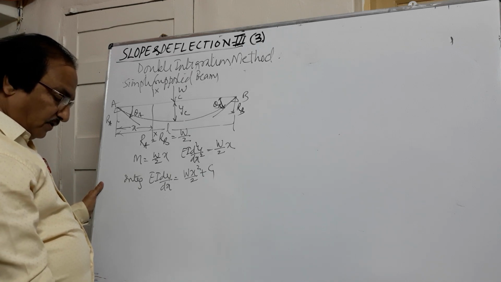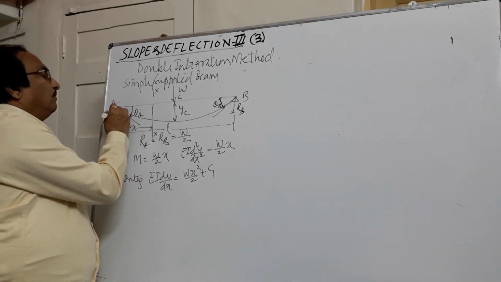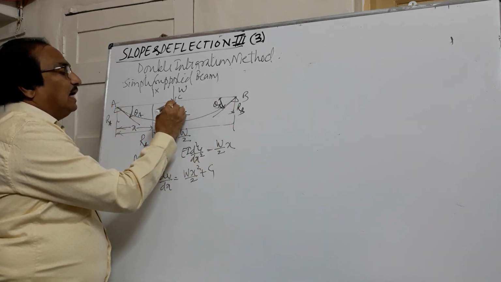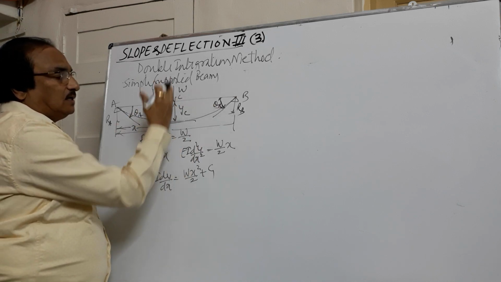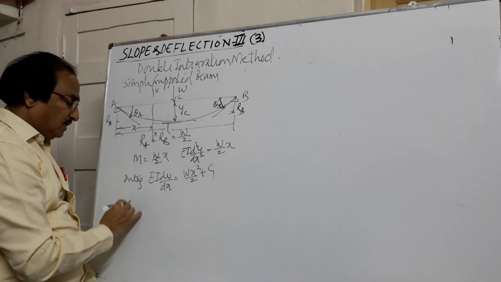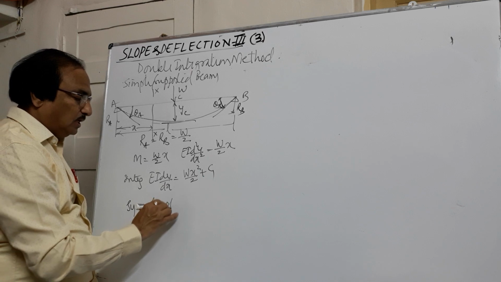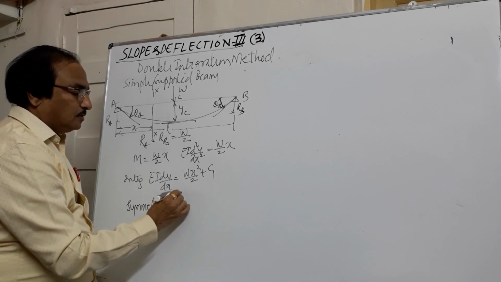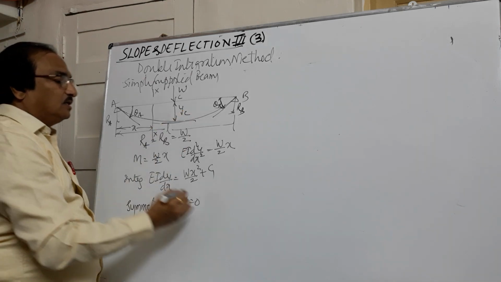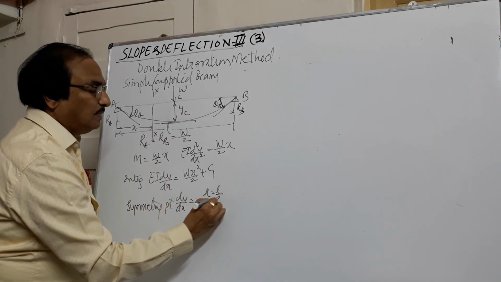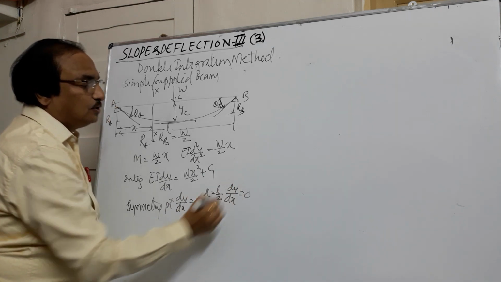So here we will have to find out the value of C1. Now we know there is a point of symmetry at the deflection. On either side of this point there will be symmetry. Wherever there is a symmetry point, the slope will be equal to 0. Here in case of this beam, the symmetry is at x is equal to L by 2, the center, so dy by dx is equal to 0.